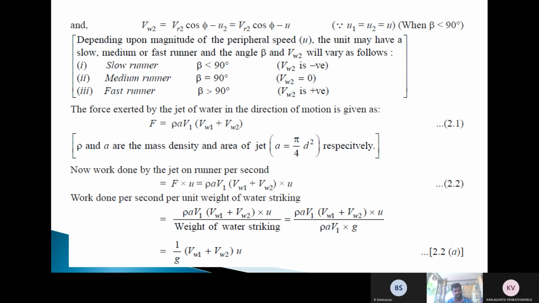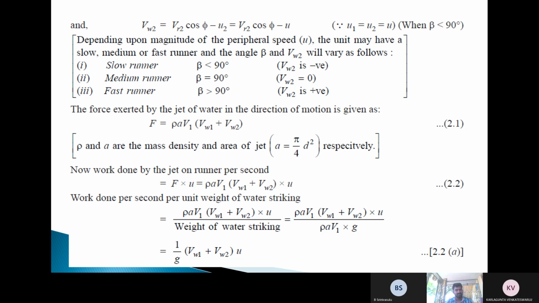Here, rho and A are the mass density and area. Rho is the density, A is the area of the jet. A is equal to pi by 4 into d square respectively.